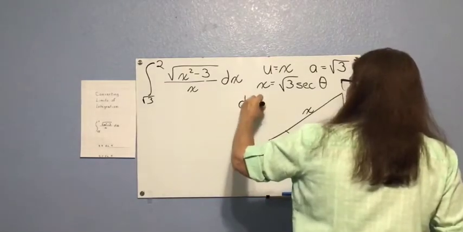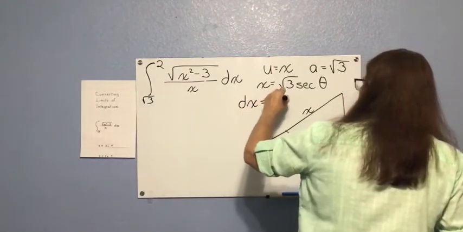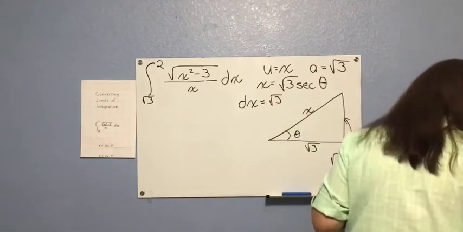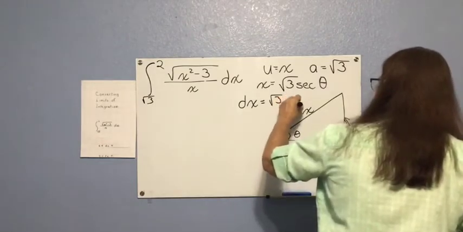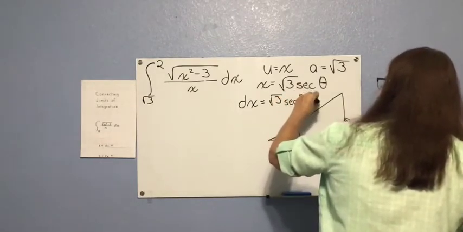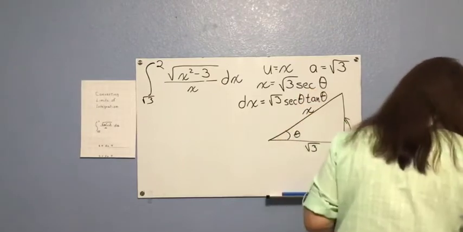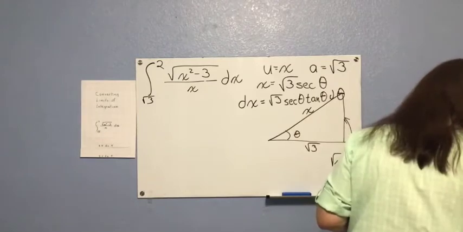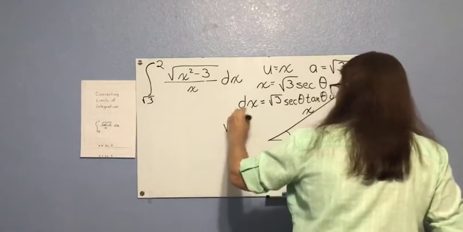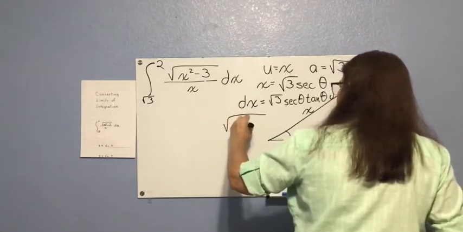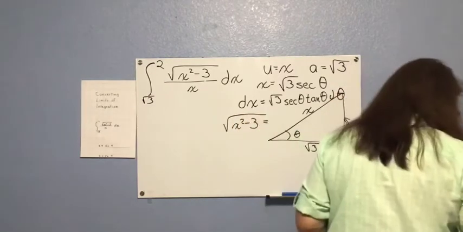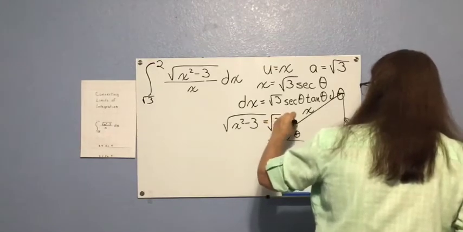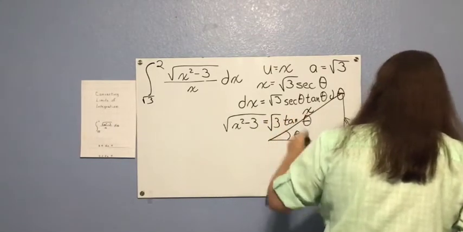Now dx is going to be square root of 3 secant theta tan theta d theta, and this radical is going to be square root of 3 tan theta.